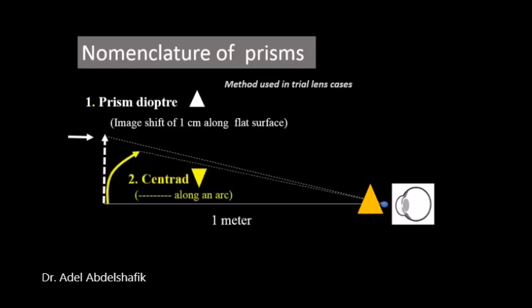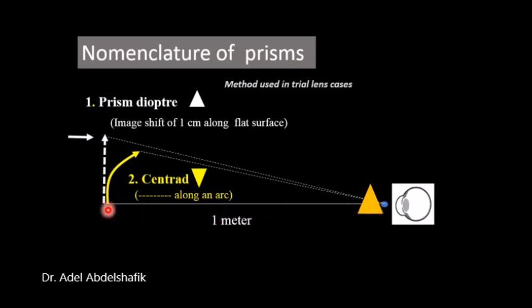The second method is the centrad. One centrad is the prism of a power that causes a shift of an image of 1 centimeter, but along a curved surface at a distance of 1 meter.